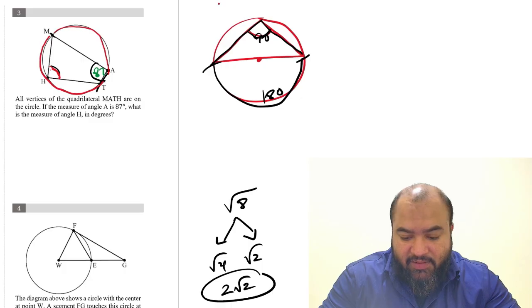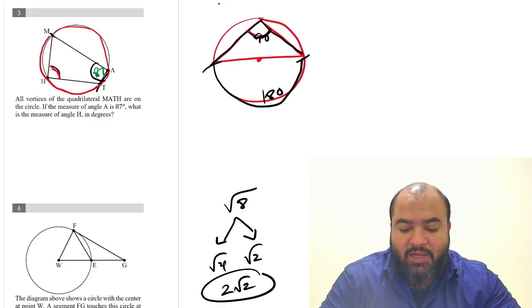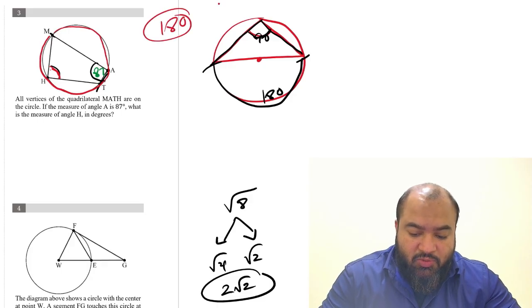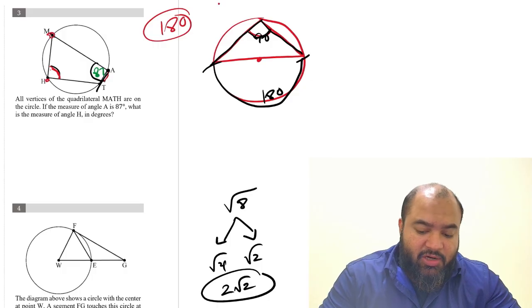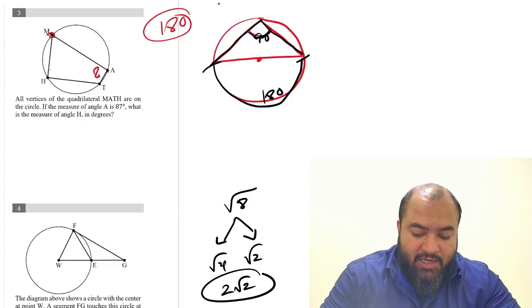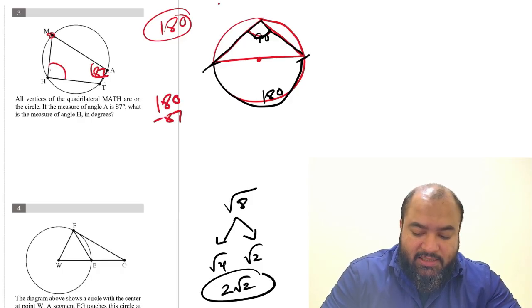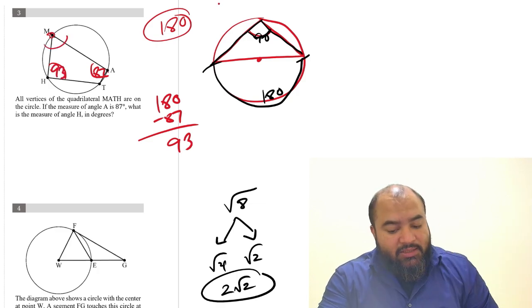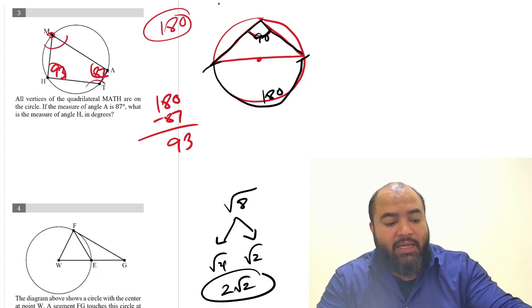So technically they cover the full circle, which is 360 degrees, and half of 360 is 180. So one way to remember the rule is: if the quadrilateral is inscribed, the opposite angles will always add up to 180. So the A here is 87, the other one will be 180 minus 87, which is 93. So this will be 93. And these two will also add up to 180.